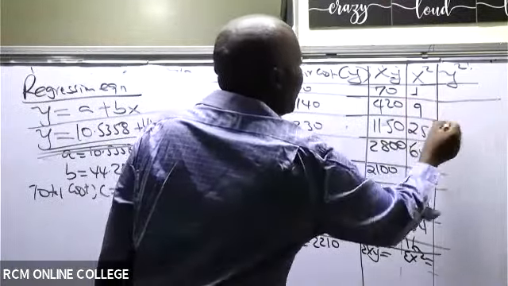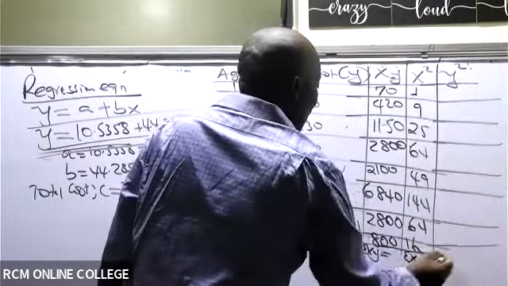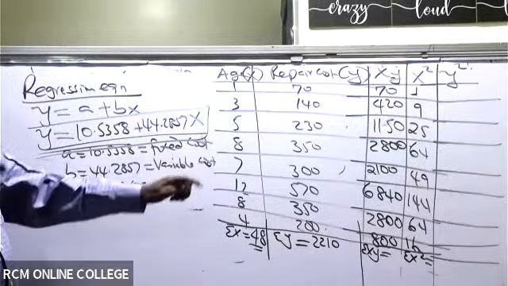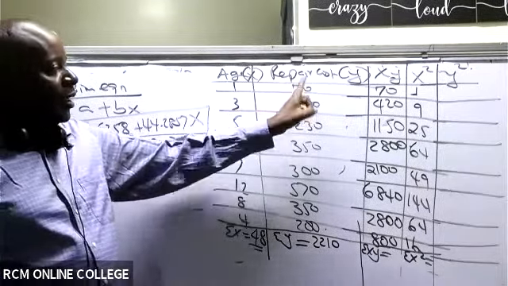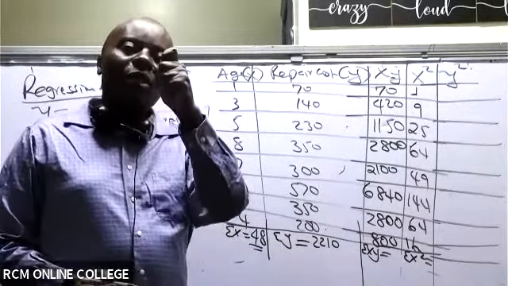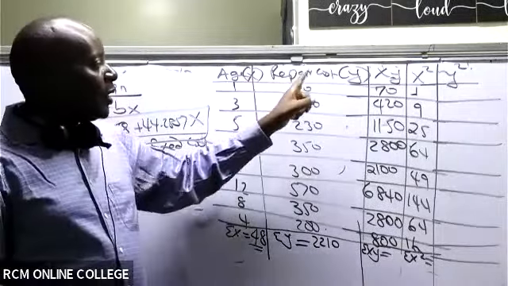To get the coefficient of determination, you can't get it without y squared. So this gives me 70 squared.